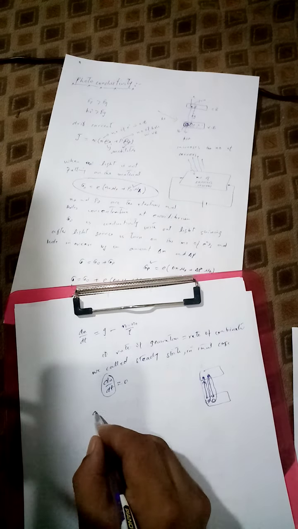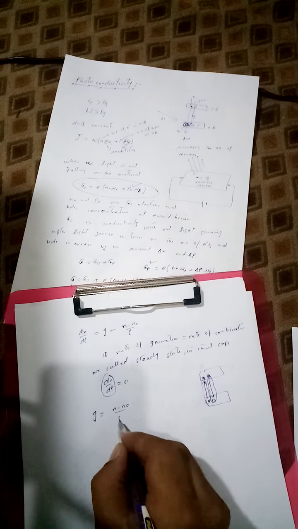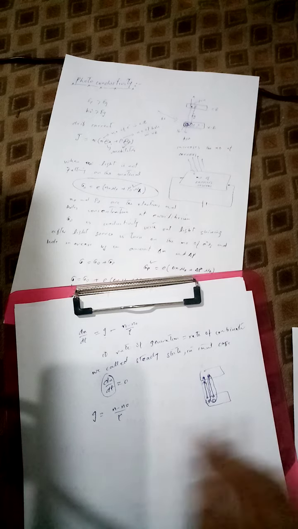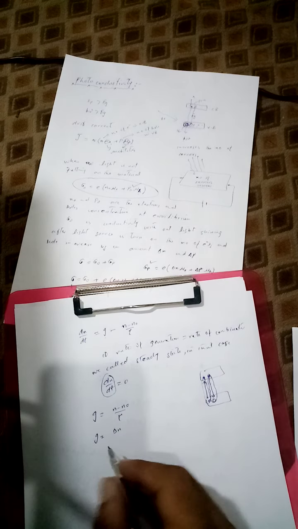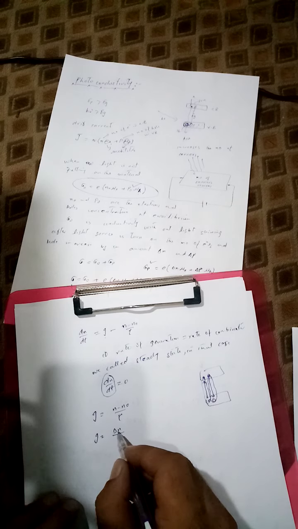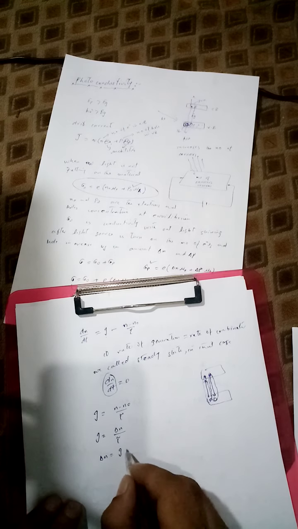So in that case, G is equal to N minus N naught over tau. Now N minus N naught is basically delta N, the increase in the number of electrons. From that we can calculate the value of delta N, which is G times tau.